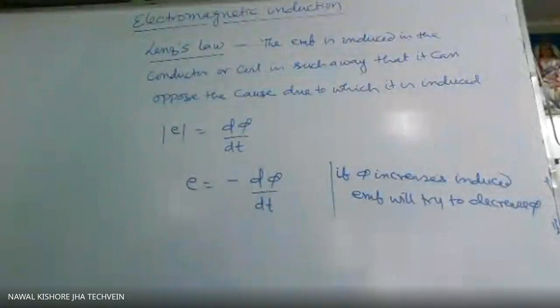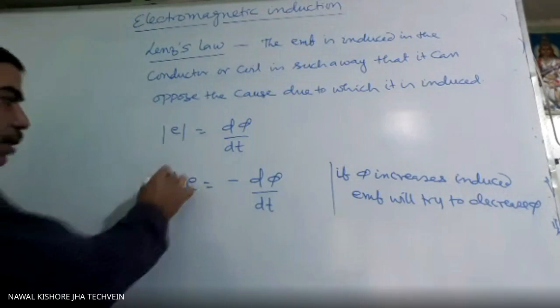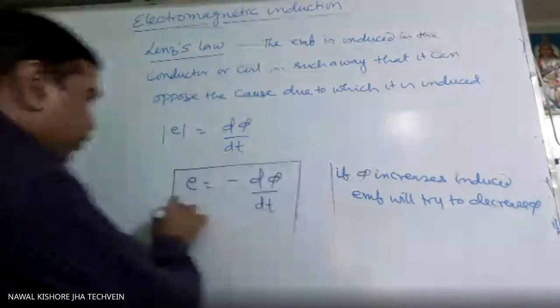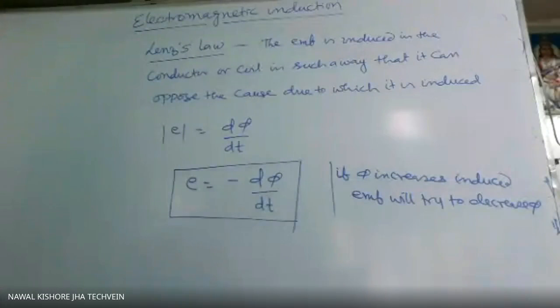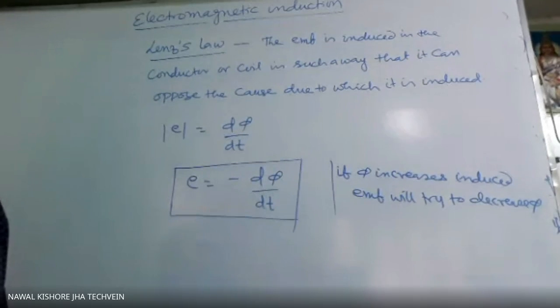If phi decreases, then this induced EMF will try to increase. So this is the general formula for induced EMF, the magnitude and direction both. So always we have to keep in mind, the direction of EMF we have to decide by using Lenz law. Okay.